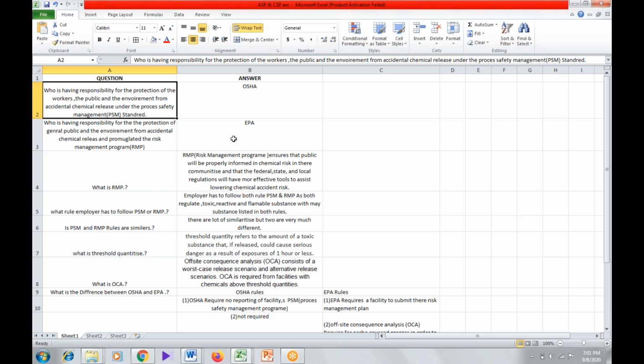Are the PSM and RMP rules similar? There are a lot of similarities, but the two are also very different. In some aspects they are similar, but there are also some variations. So what are threshold quantities? Threshold quantities refer to the amount of toxic substance that, if released, could cause serious danger as a result of exposure of 1 hour or less.